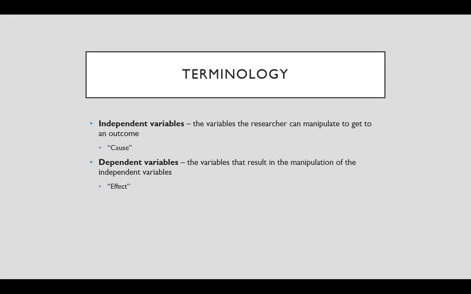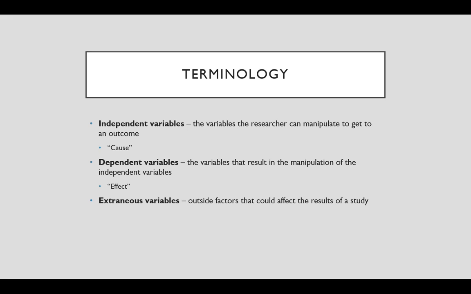They're the effect. But again, cause and effect is a bit casual, so we refer to them as independent and dependent variables. Independent is what you can change, and dependent is the outcome of whatever you have changed.